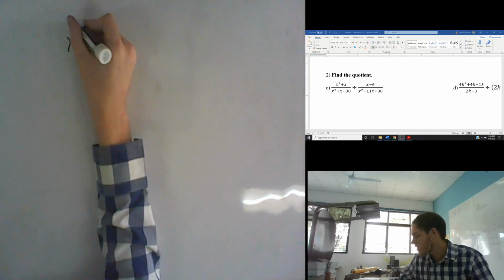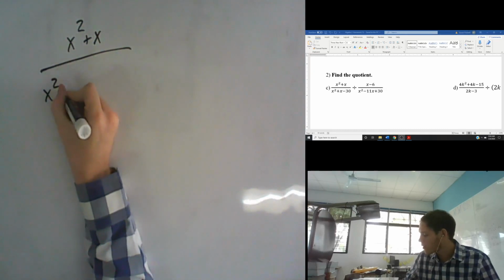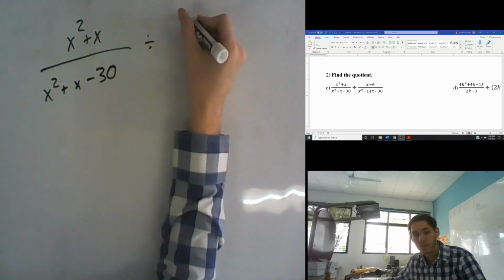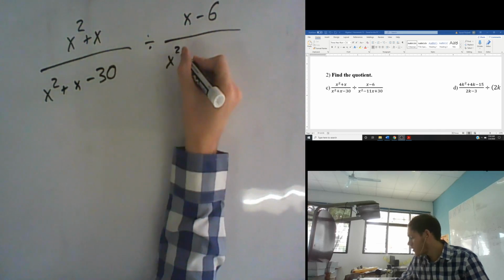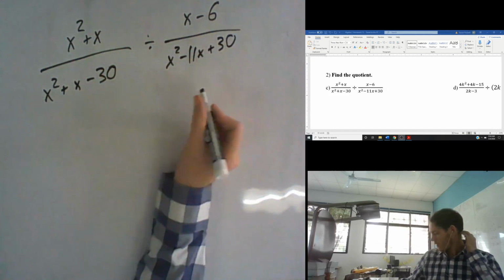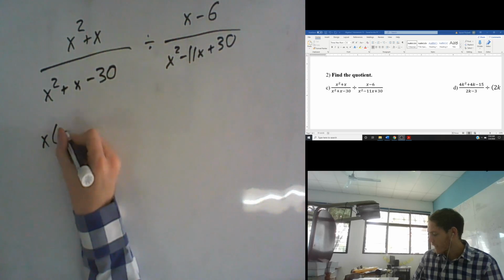So you have x squared plus x over x squared plus x minus 30, divided by x minus 6 over something. Now this can be factored. You can factor out an x plus 1.